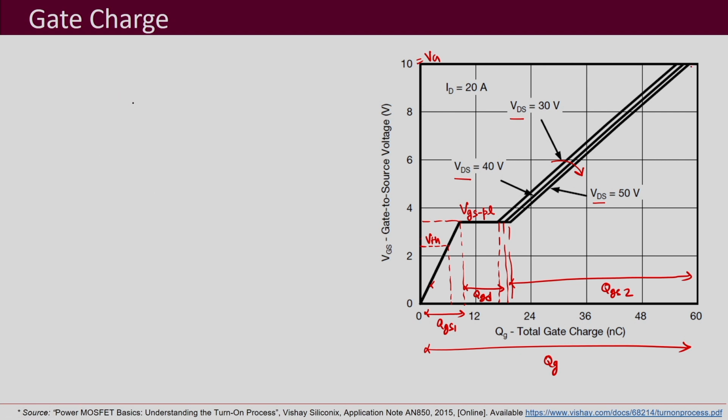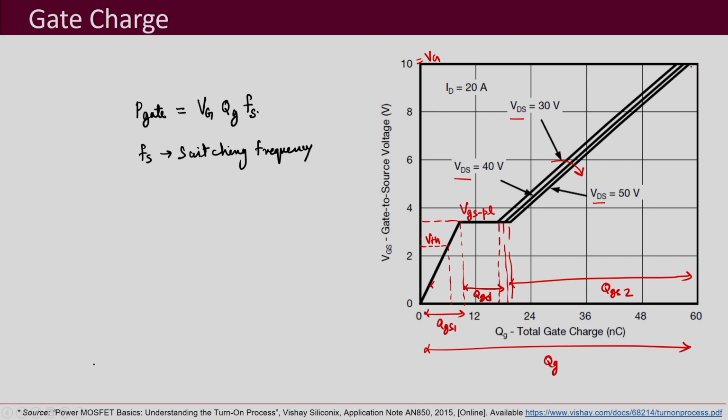Then your P gate will be written as Vg into Qg into your switching frequency Fs. Fs is your switching frequency here, which may be hundreds of kilohertz, or 50 kilohertz, 20 kilohertz, whatever switching frequency you may be using for your circuit.